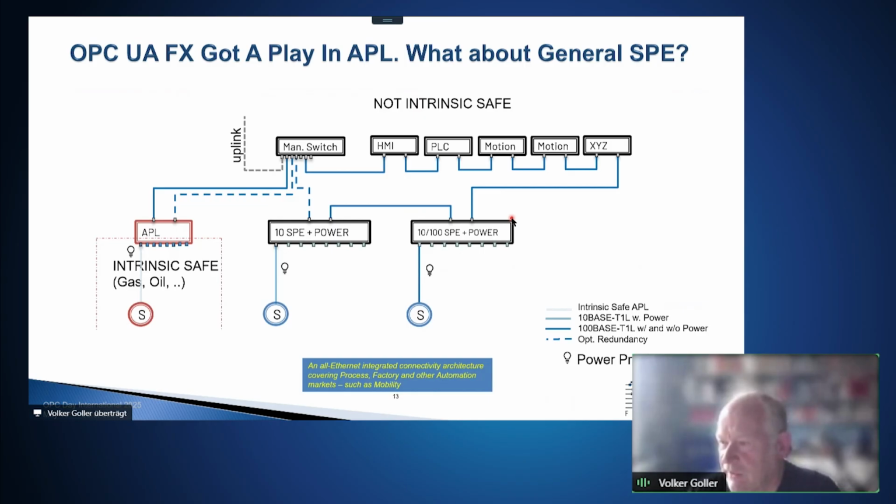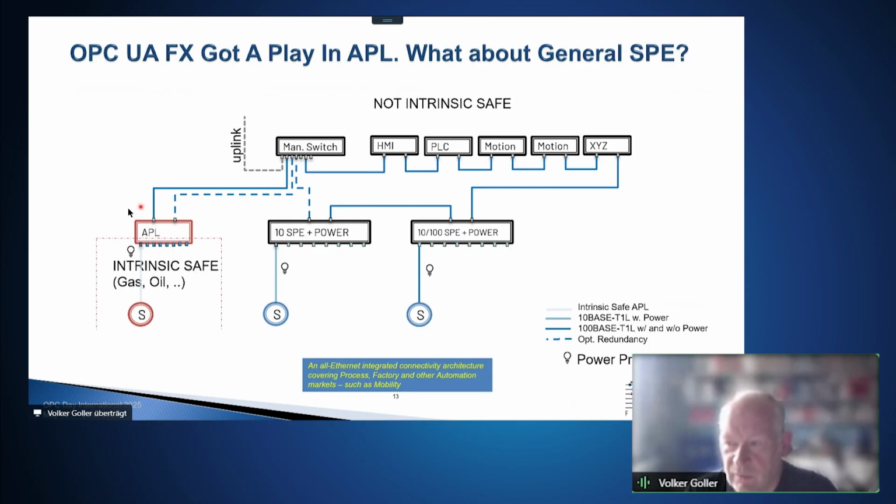But here on the edge, power makes a lot of sense, and APL is a big success. And given the slow development speed in the process industry, this was really quick. And the adoption is really ramping up.